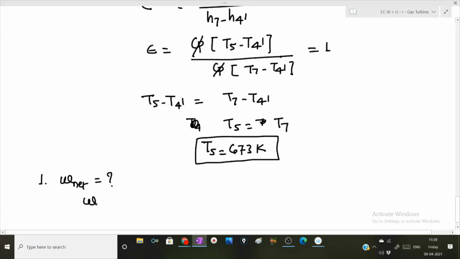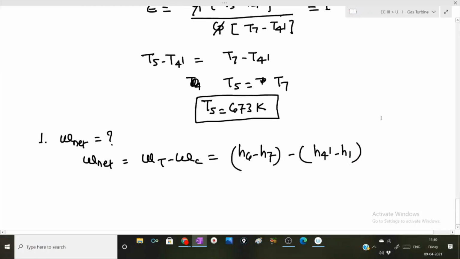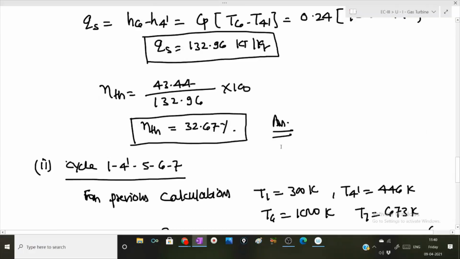So W net will be once again W turbine minus W compressor. W turbine is H6 minus H7, minus H4 dash minus H1. Now this is the same work done that we have calculated for the basic cycle. If you remember, let me take you to this slide.